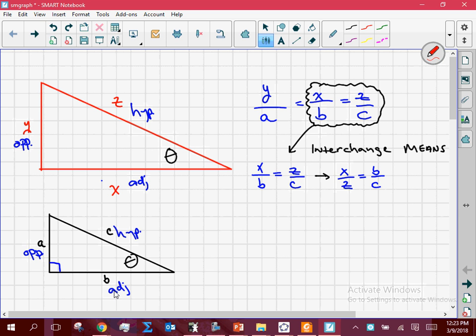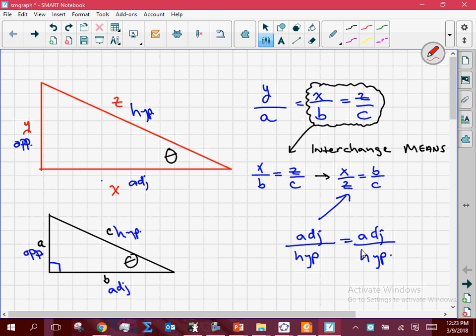What's going on here is, if I look at X over Z in that ratio right there, it's the adjacent side divided by the hypotenuse. And that's for this red triangle. Okay? Well, B over C, that's adjacent over hypotenuse as well.